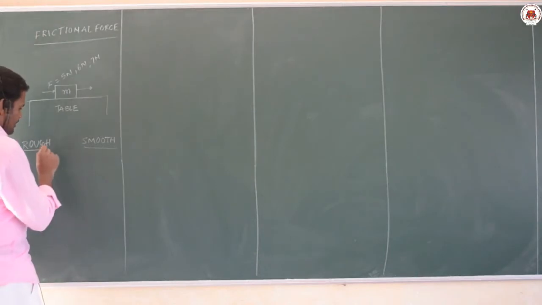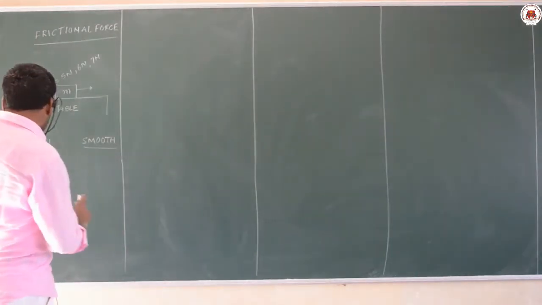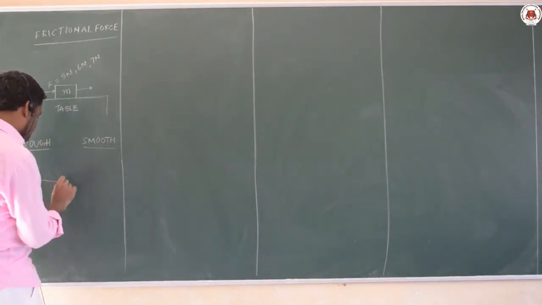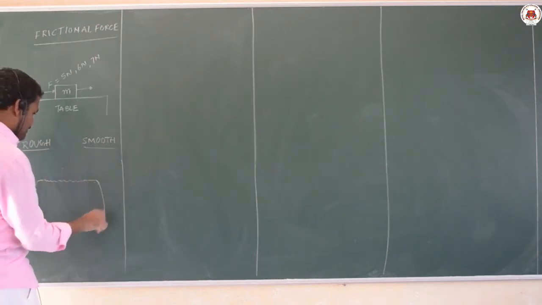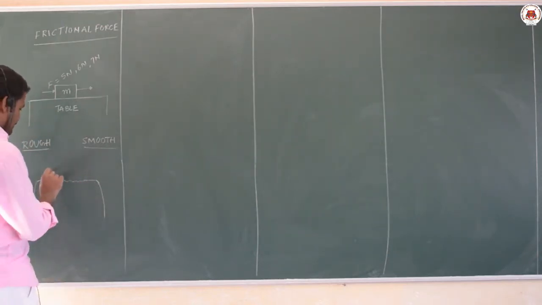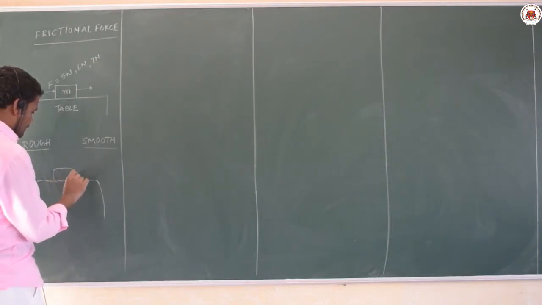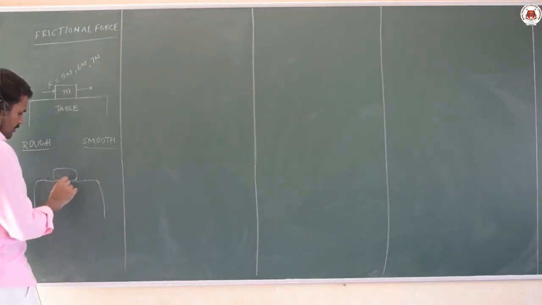If you see these rough surfaces, they appear smooth only. But if you see microscopically, suppose the microscopic view of the table, this will be the design, and the microscopic view of that block will be like this.